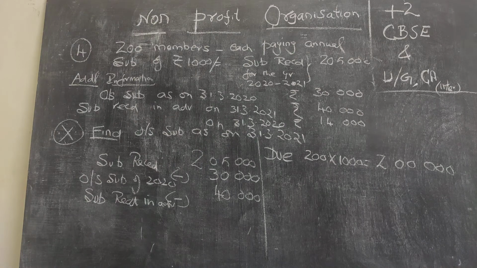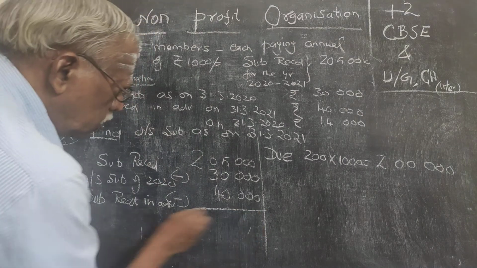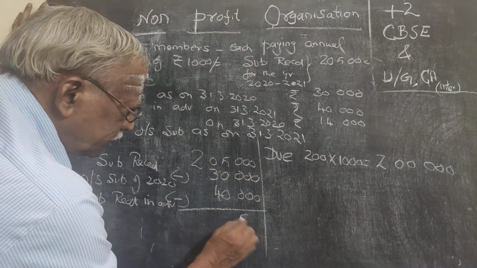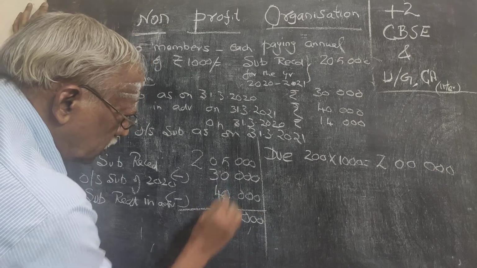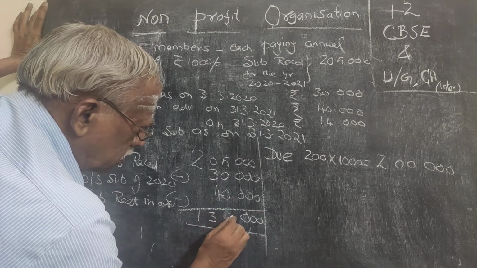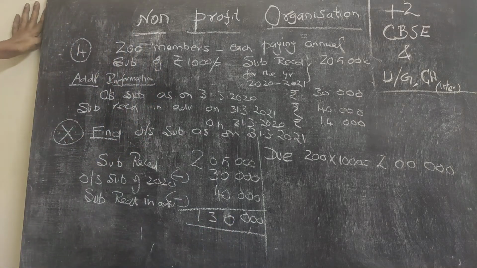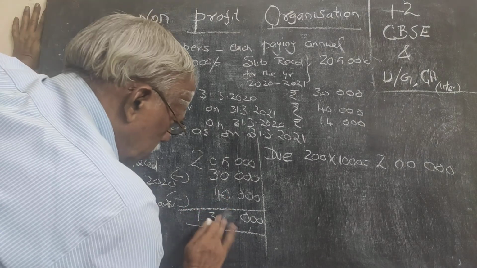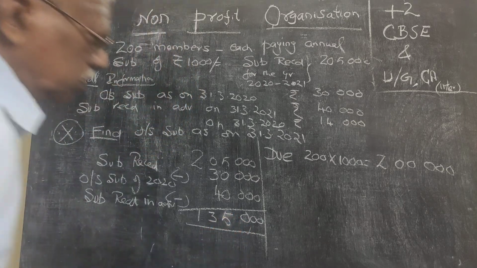So only these two figures, if you reduce them, 70,000 goes off, so 1,35,000.